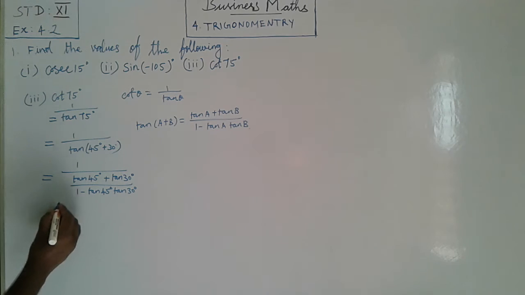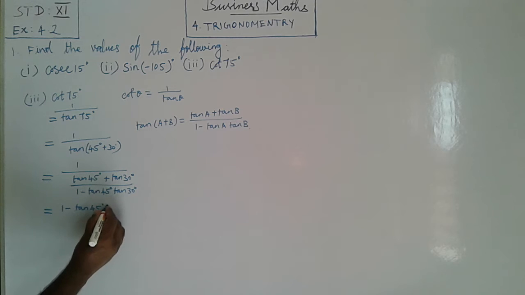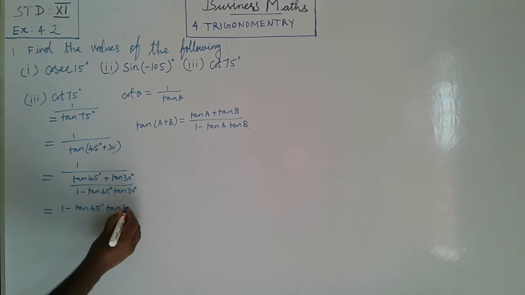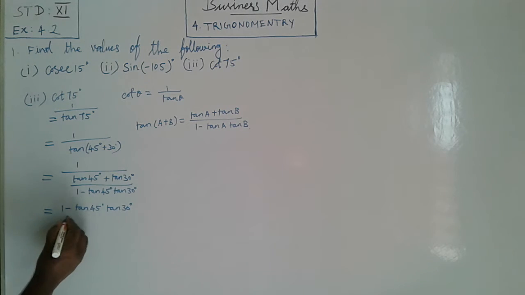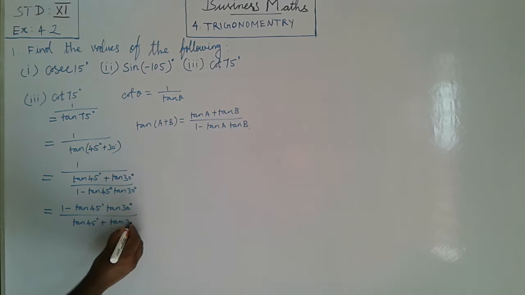It's a reciprocal, then 1 minus tan 45 degree into tan 30 degree divided by tan 45 degree plus tan 30 degree.